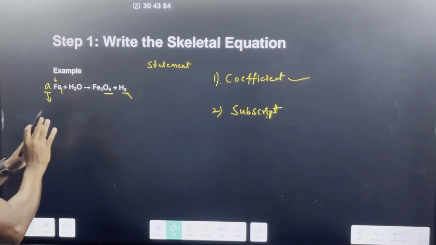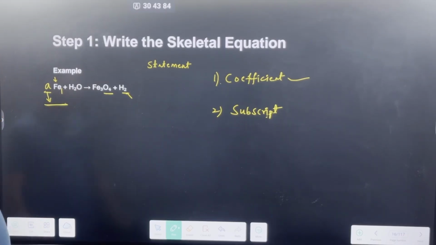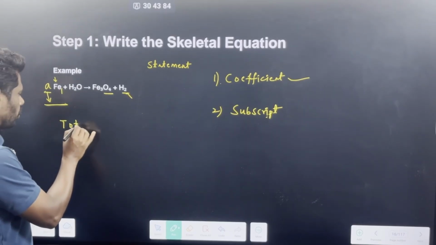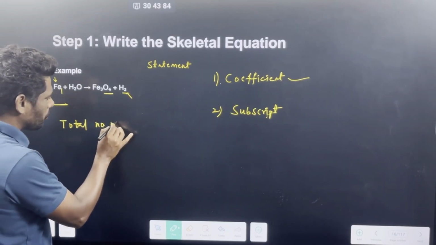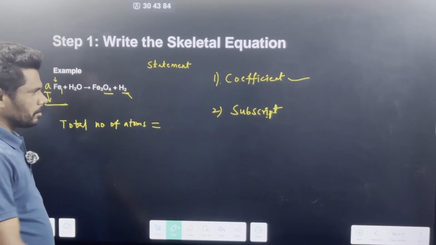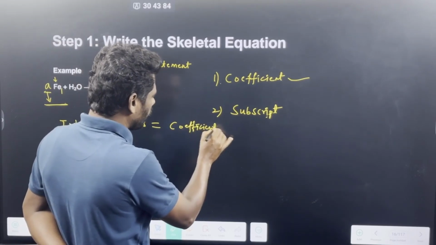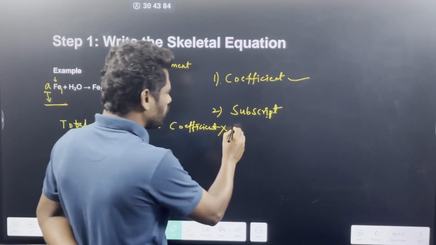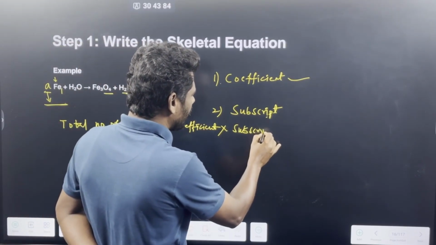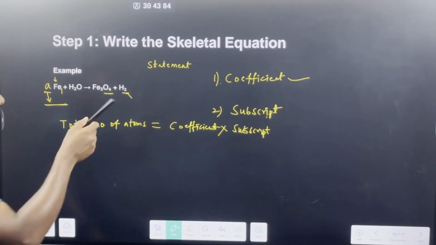Simple. Suppose I want the total number of iron atoms on the reactant side. If you want the total number of atoms anywhere, just do a simple thing. Multiply the coefficient of an atom with its subscript, and that will give you the total number of atoms.